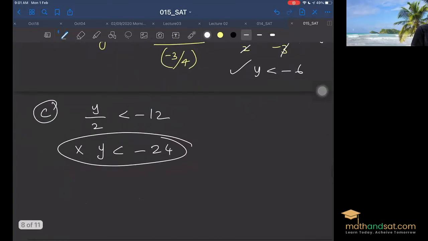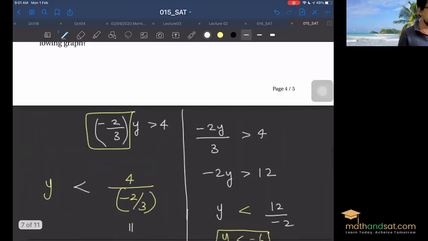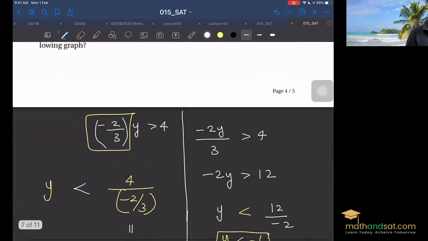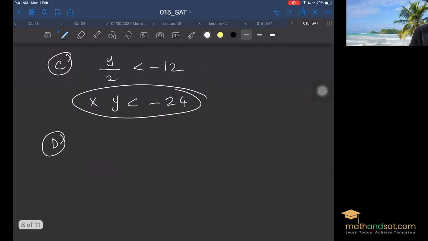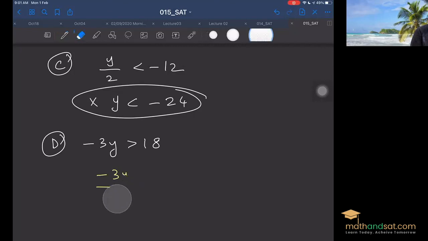Let's see option D. We have minus 3y greater than 18. To get rid of the minus 3, you divide by minus 3. So minus 3y divided by minus 3, you can directly write y is 18 by minus 3.